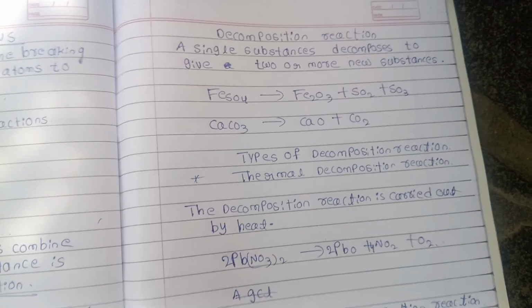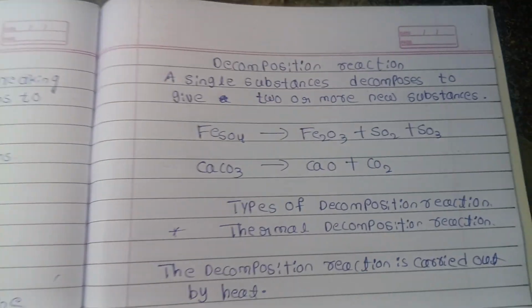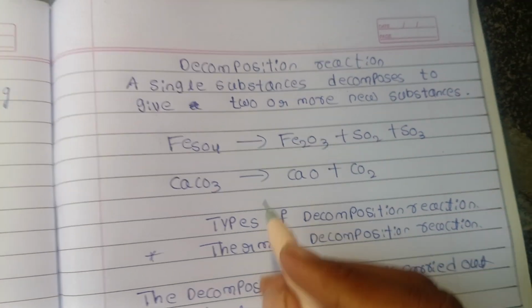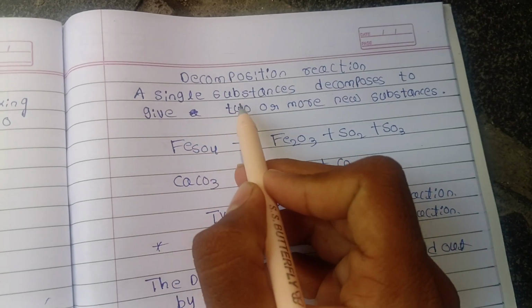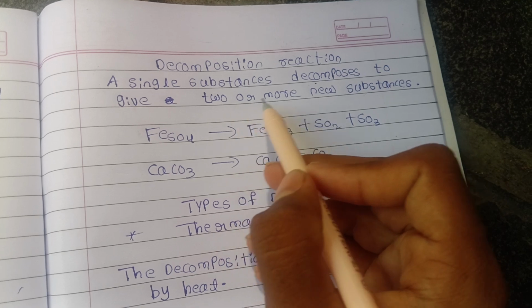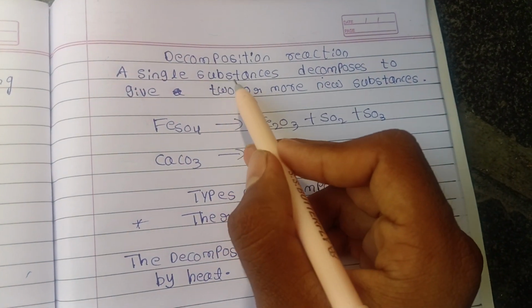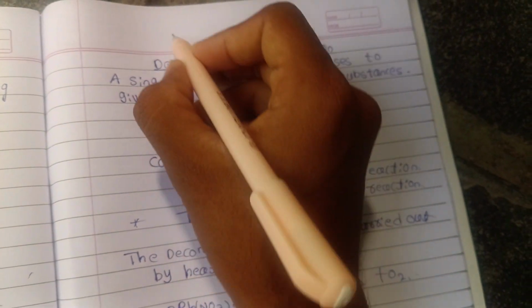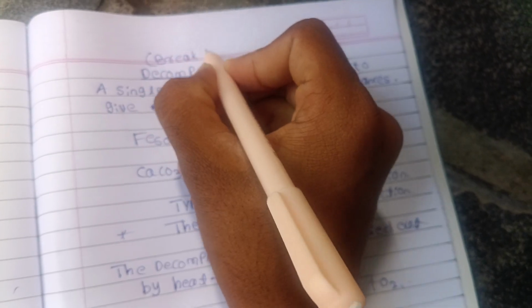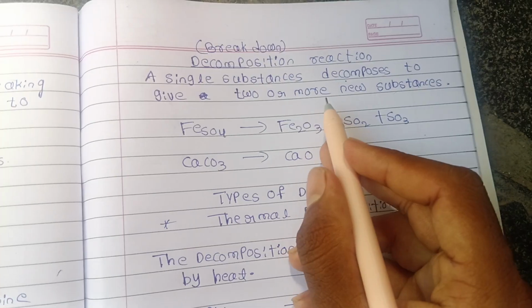The decomposition reaction, it is very important to know about the decomposition reaction. A decomposition reaction means a single substance decomposes to give two or more new substances. Decomposition, the word itself says, means breakdown.